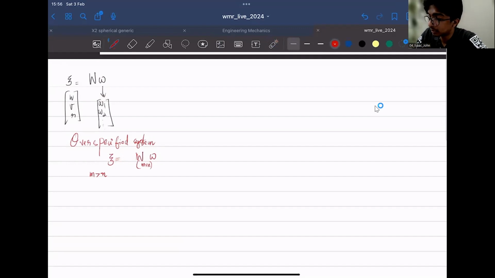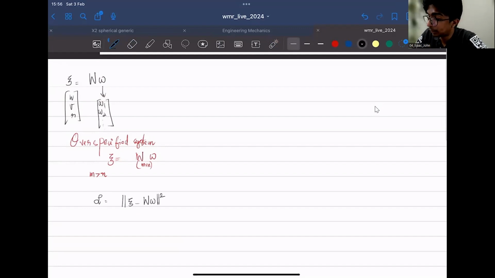And how do you do that? You do this by minimizing this objective function L. I'll call L the objective function. So our objective is to minimize the least square error between the left-hand side and right-hand side. Right?